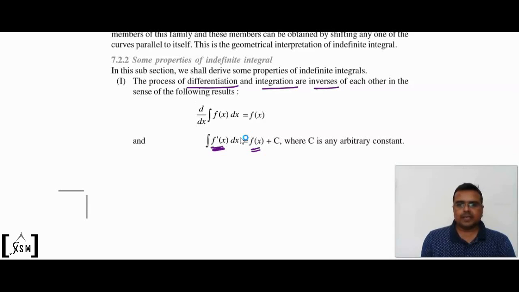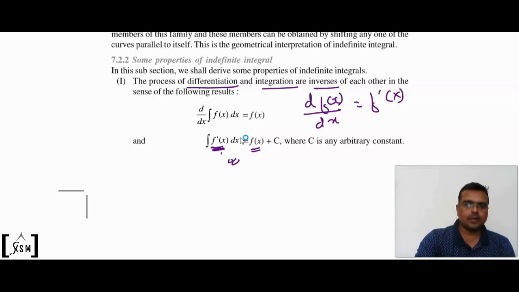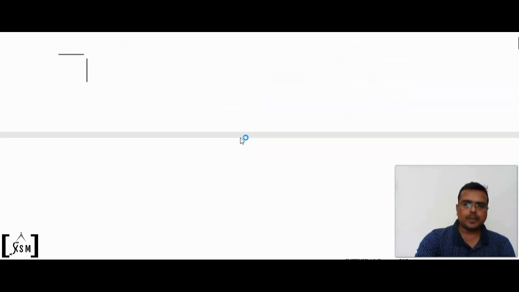Any function f(x), if we differentiate, we get f'(x). If we integrate, we'll get f(x). That is the first property.